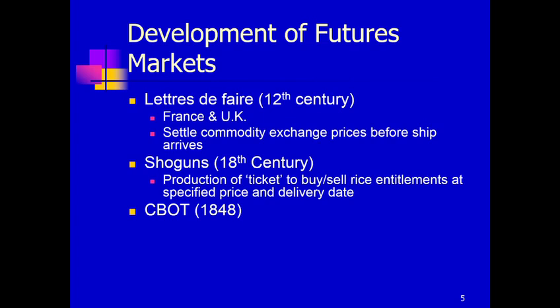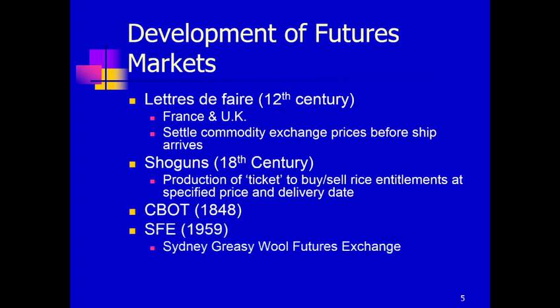Most futures contracts up until the 1970s are what we call commodity futures. Therefore, purchasing and selling different types of commodities, whether it's agriculture, it could be rice, wheat, orange juice, cattle, or it would be for metals like gold and silver. Anything that's related to a real asset, a commodity, that's basically what most of the trading was on.